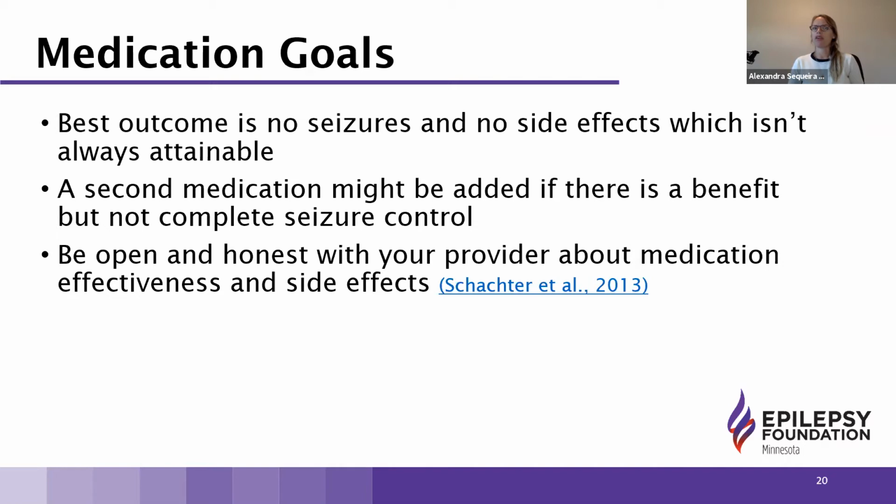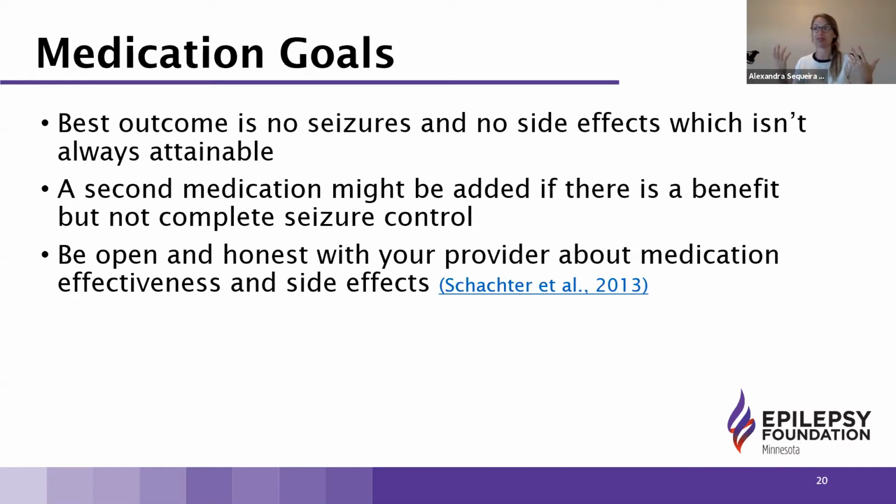If there is some improvement in seizures, or just incomplete seizure control, a second medication may be added. If there seems to have been no improvement in seizures on a medication, the particular epilepsy provider might actually eliminate the initial seizure medication and add a new one rather than adding two together.